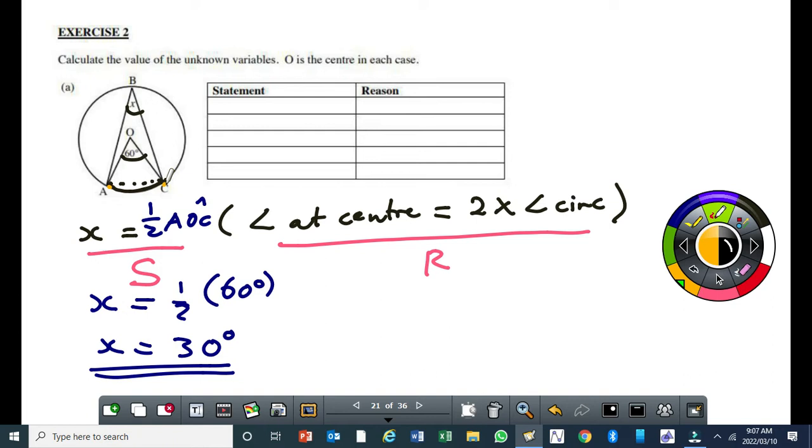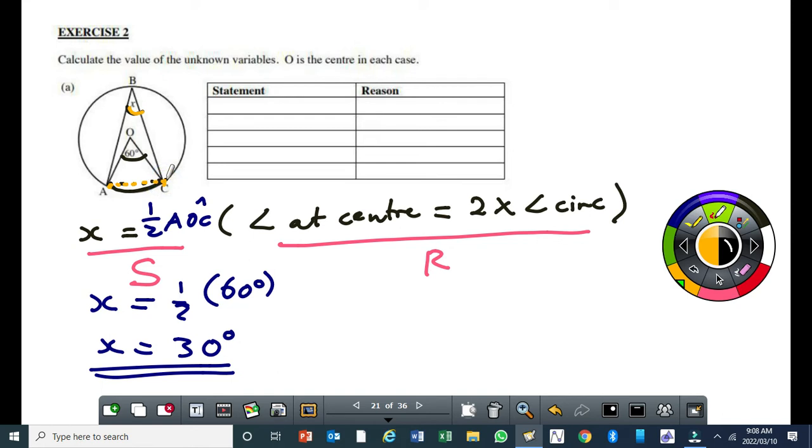Now, to determine the value of x, you need to know that we have an angle at the center here, which is acute, and we have got x at the circumference. The two angles are subtended by the same chord AC.